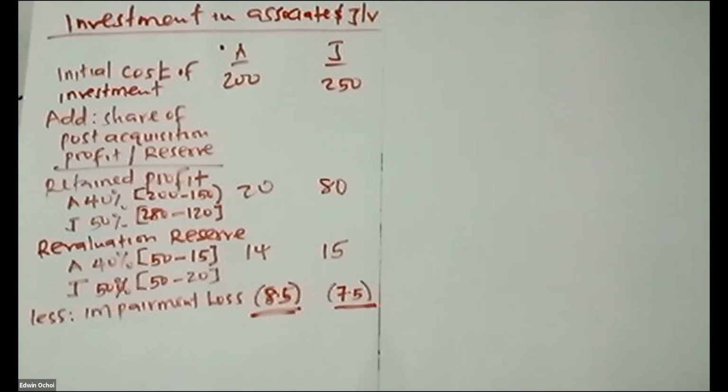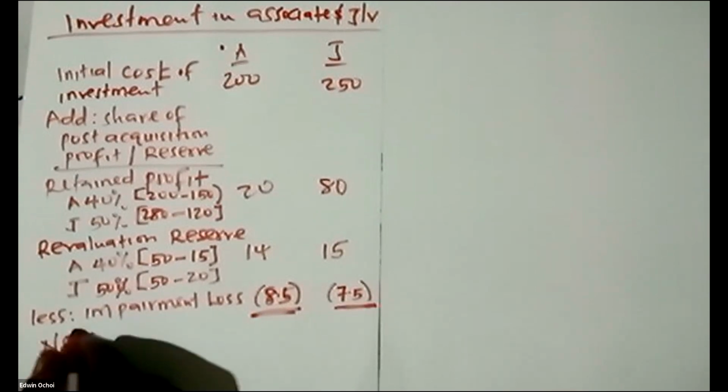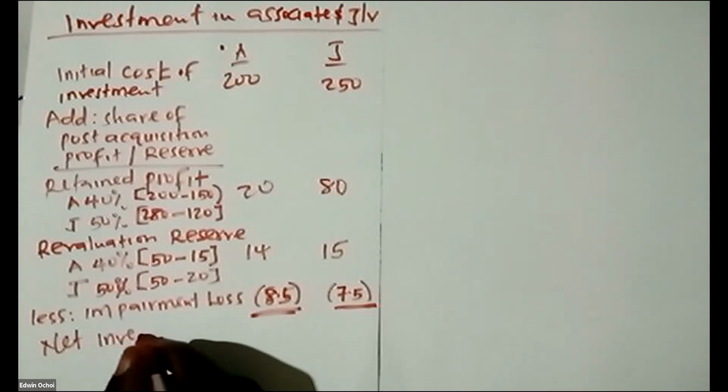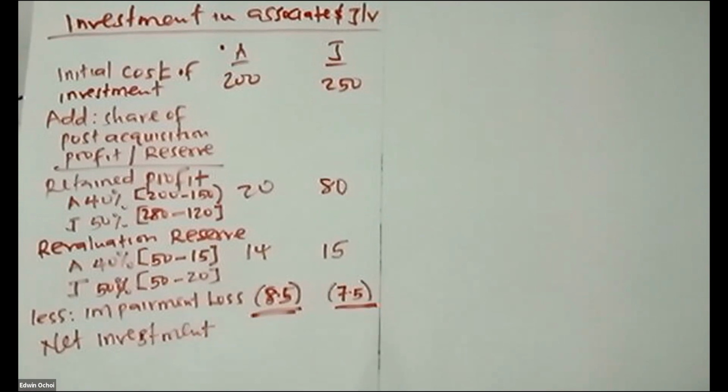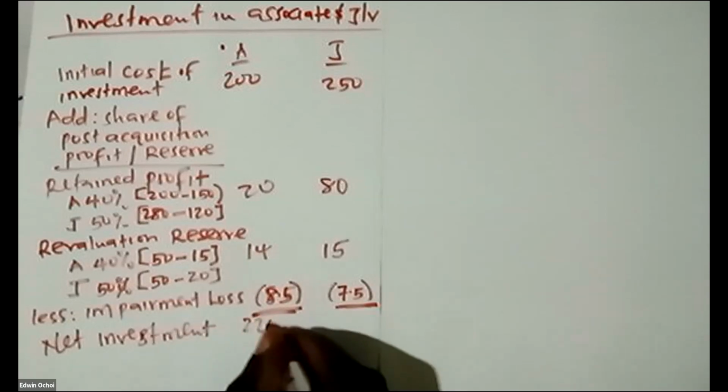So you do the computation, you get net investment. So 200 plus 20 plus 14 minus 8.5. 225.5.